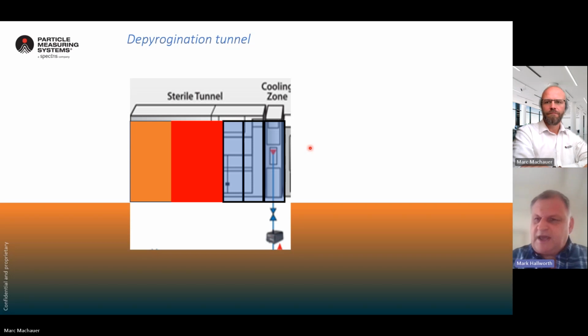But what does it do day to day, week to week, month to month? And again, that's a relative unknown, but we're reliant on the data that the overall air quality is giving to us. And it's not that you couldn't do microbial monitoring within the cooling zone.